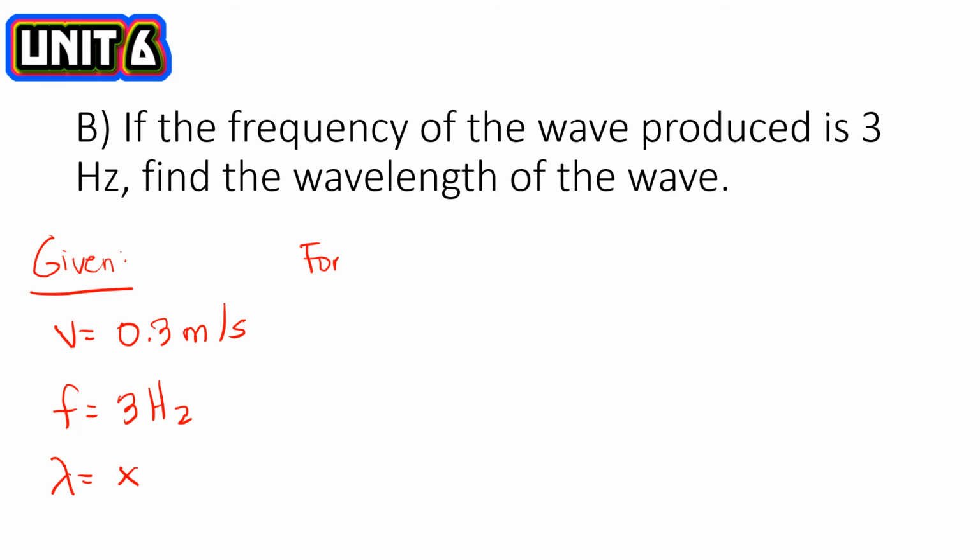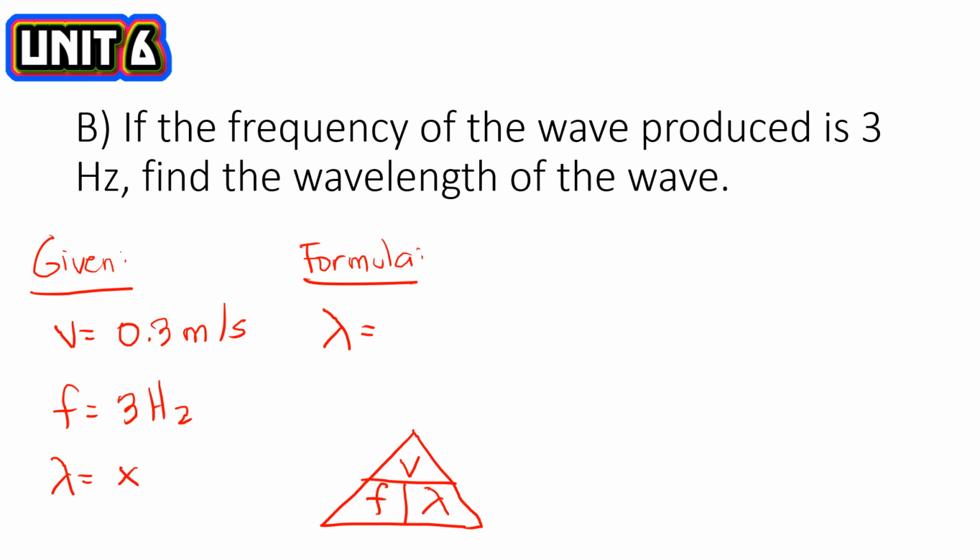So for the formula that we are going to use, I want you to use again the triangle. In your triangle, this one is V, this one is frequency, and this one is your wavelength. We want to know the value of wavelength, so we'll just simply look at the triangle. V is on top of F, so this is division. So V, or speed, divided by your frequency.